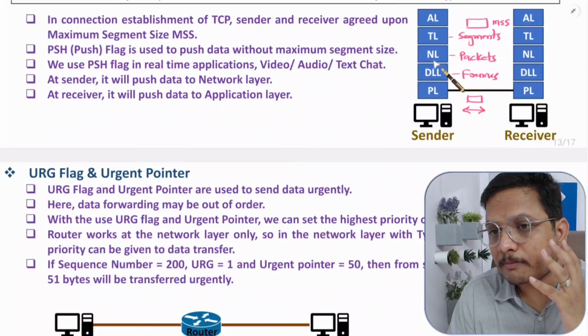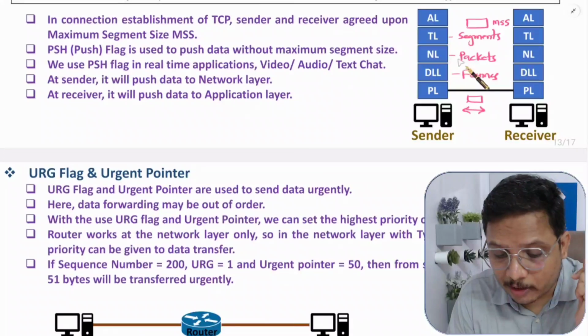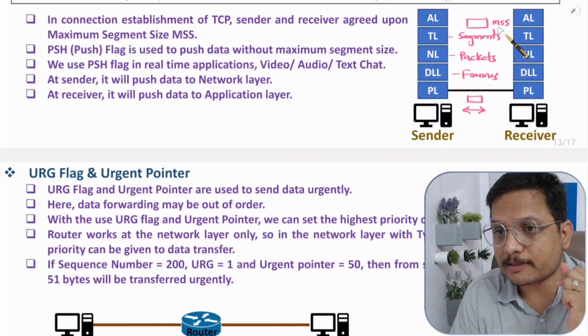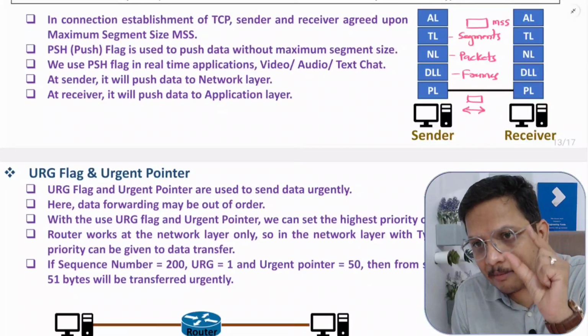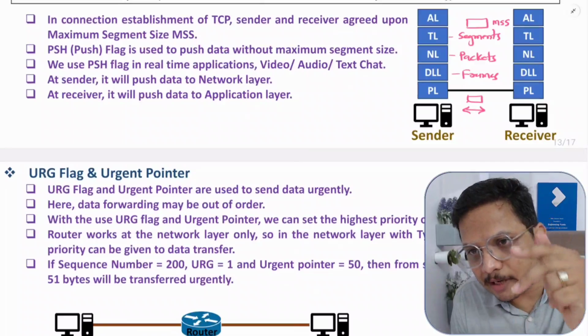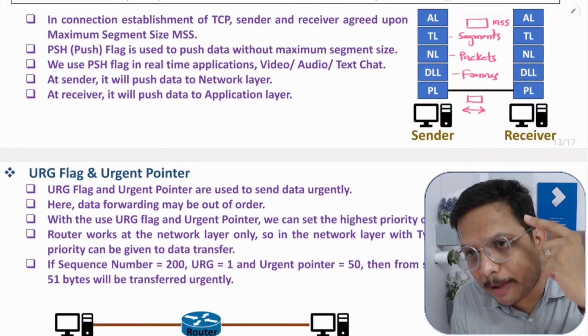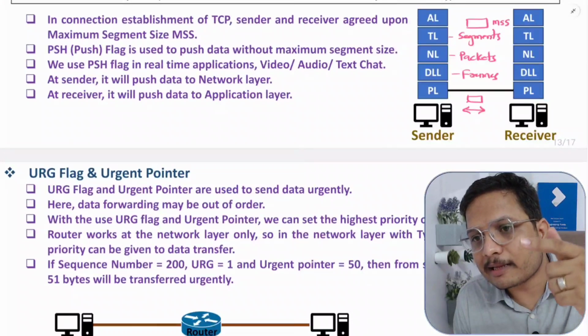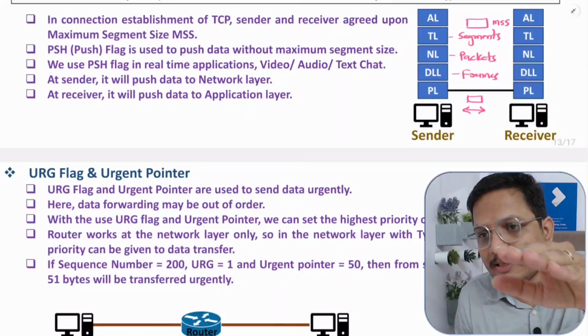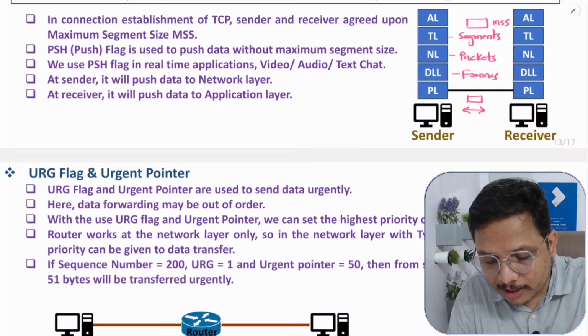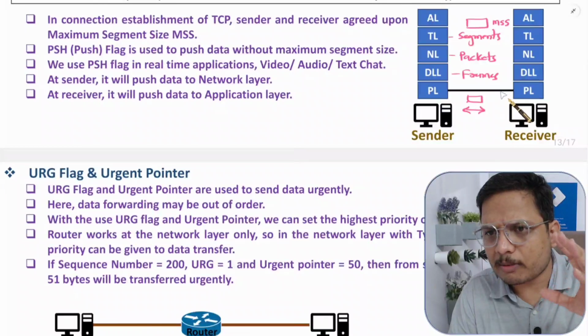But in real-time applications, you cannot wait for maximum segment size. You see, usually what we do, we fill complete segment and then we give it to network layer. Network layer will form that into packets, and then data link layer that will form it into frames, and then we transmit that on channel, right. That is the normal case.